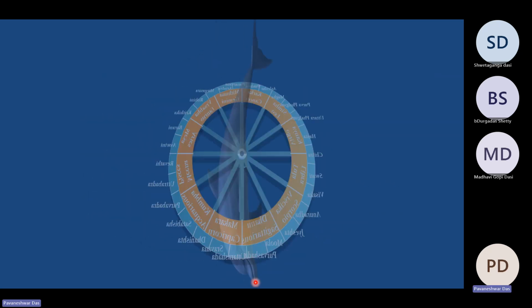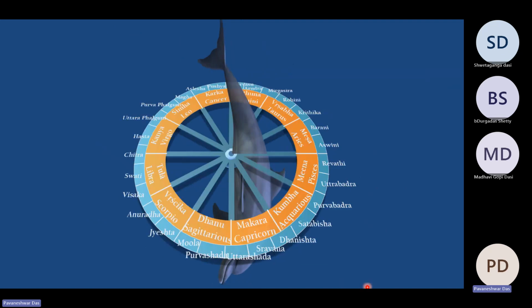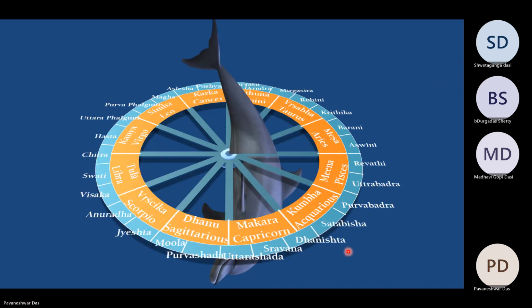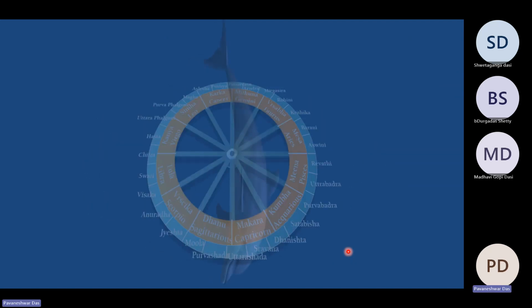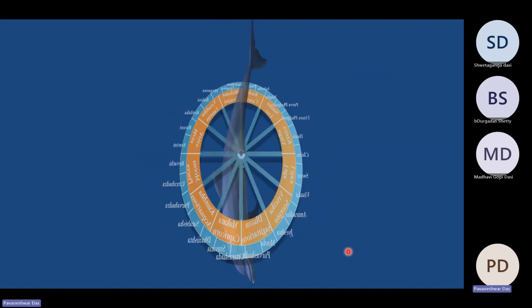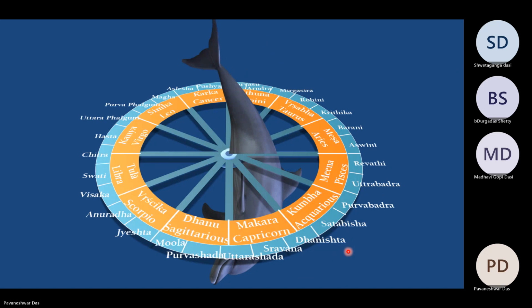As the Shishumara is rotating around, the Kala Chakra will be rotating like this. So you can see like this. So in an inclined plane only, revolving in a circular fashion. So when the Sun is traveling in January, the Sun will be entering into Makara Rashi. On January 14th, the Sun is entering into Makara Rashi. That's why we celebrate Makara Sankranti. And day after day, the Sun is going from Makara to Kumbha in a month.